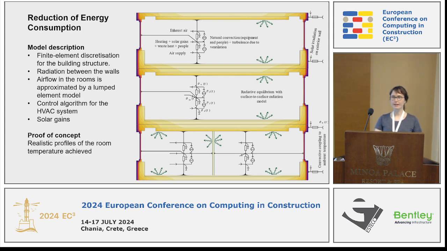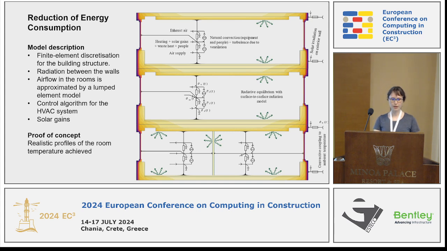So, in the picture, you can see a 3-story building, and the building structure. For the building structure, we use a finite element discretization. Then the radiation between the walls is taken into account. The airflow in the room is approximated by a lumped element model instead of a full fluid dynamics simulation to reduce computational time.